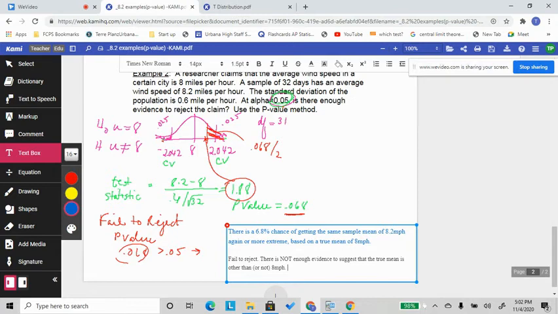We have no evidence to suggest it's anything else other than 8 miles per hour. So there's not enough evidence. Okay, so that's your conclusion.